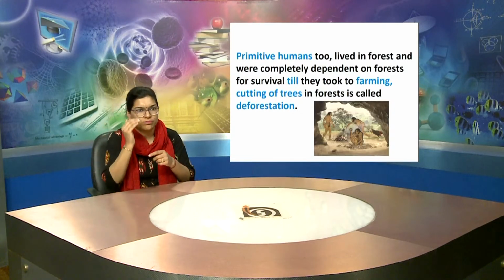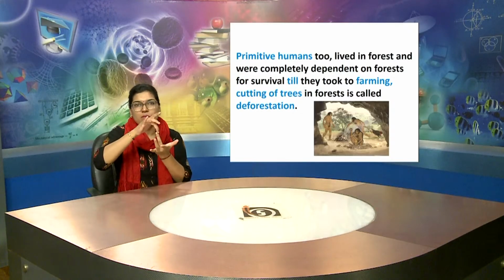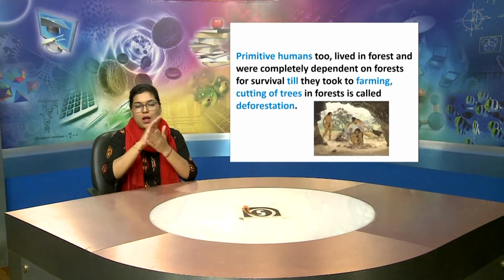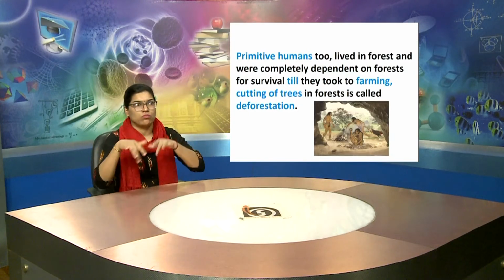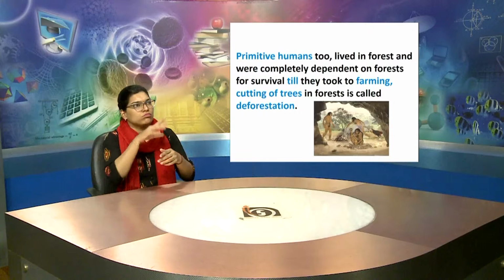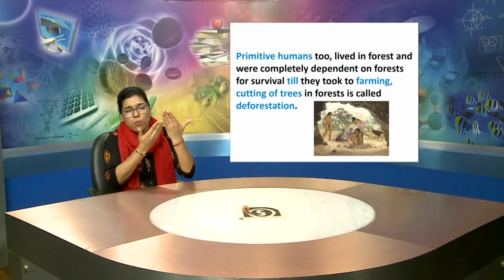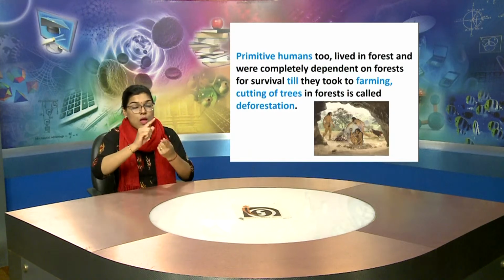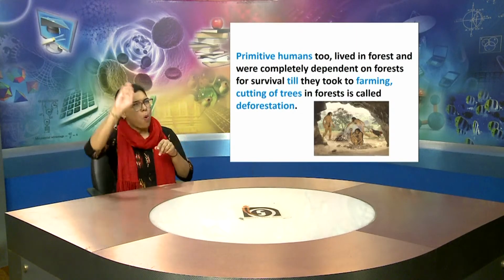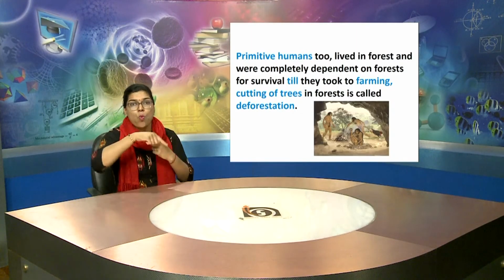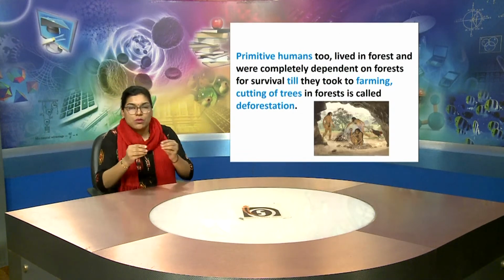And primitive humans too lived in the forest, and they were completely dependent on the forest for survival till they took to farming, and then cutting of trees in the forest started.